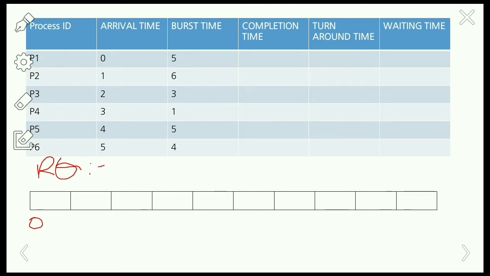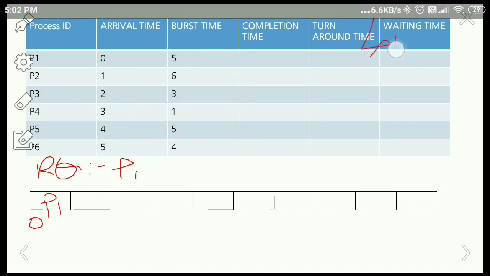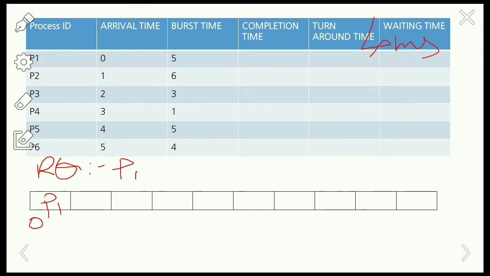P1 will enter the Gantt chart and be allowed to execute for the time quantum. The time quantum here is 4 milliseconds, so it will execute for 4 milliseconds and its burst time reduces, 5 minus 4 is 1. It has executed for 4 units of time and the remaining time is 1 unit.